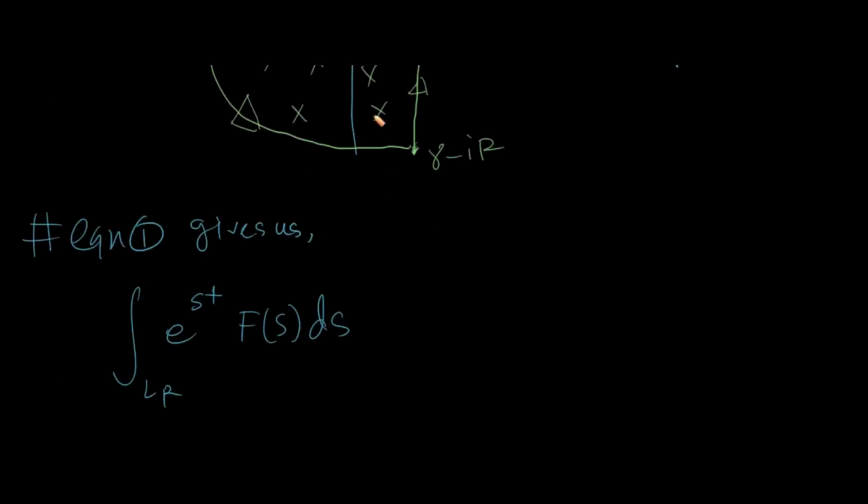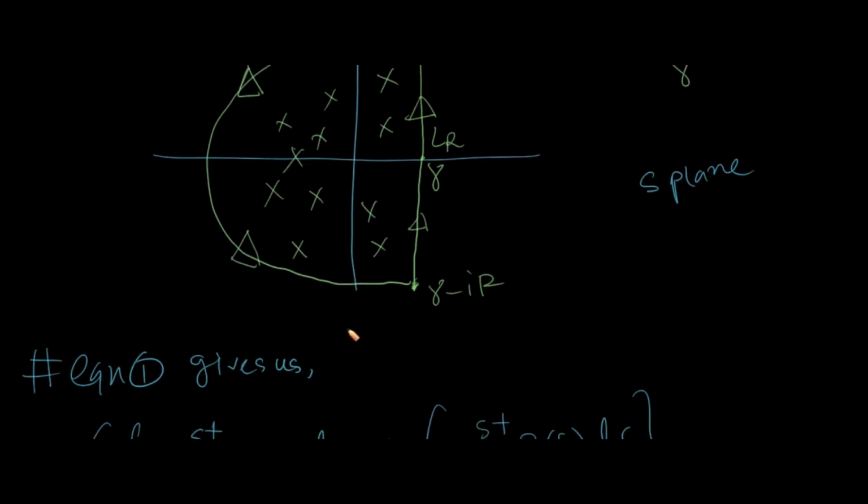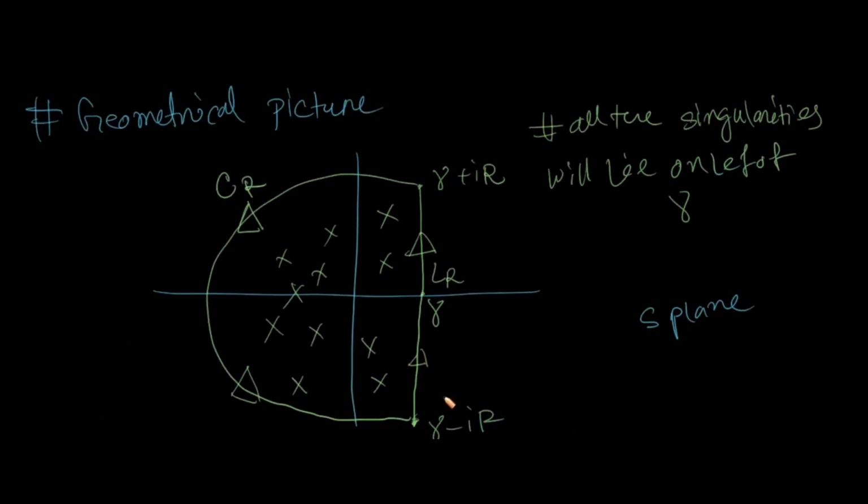Right now we are just considering the contour over here, and you can obviously go for this 2 pi I as well, right? And then on the semicircular arc we can write this e to the power st f of s ds, right? But this is what? This is a contour integral of e to the power st f of s ds over this whole contour, right?